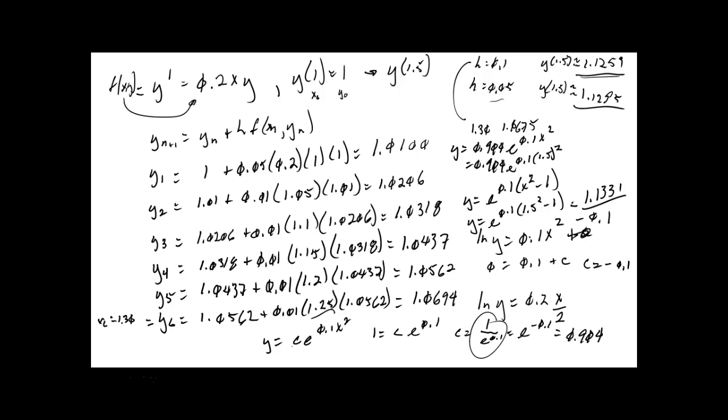The absolute error is the difference between the actual and that. So the absolute error is the absolute value of the difference between 1.1331 and 1.1259.